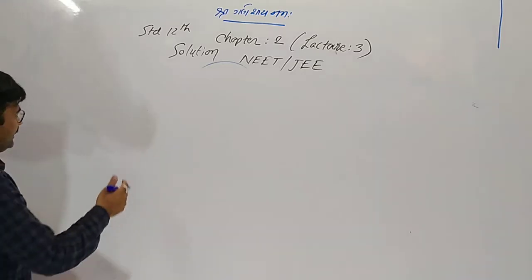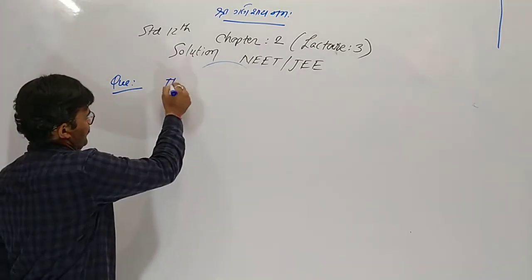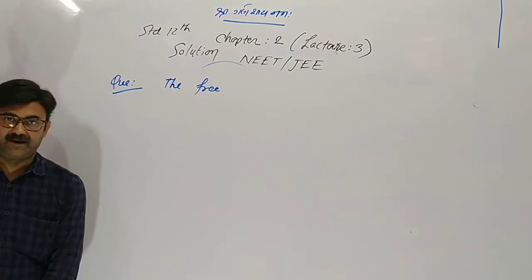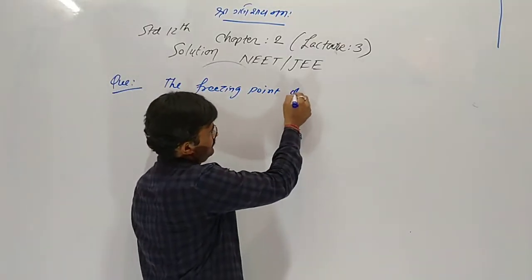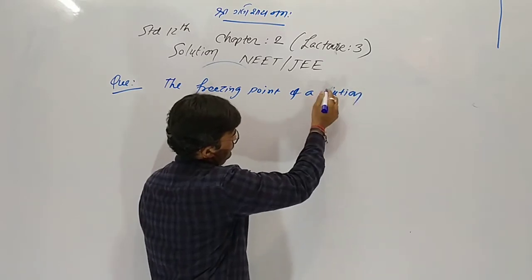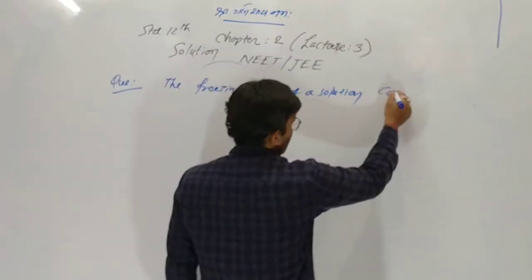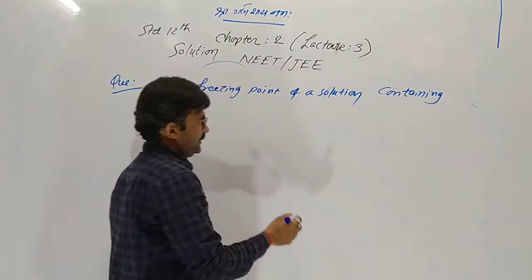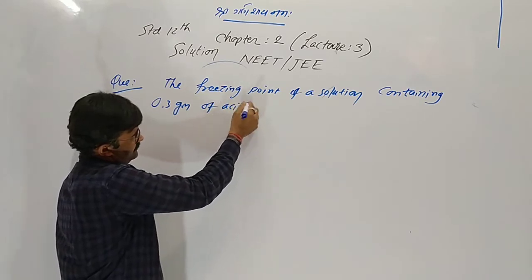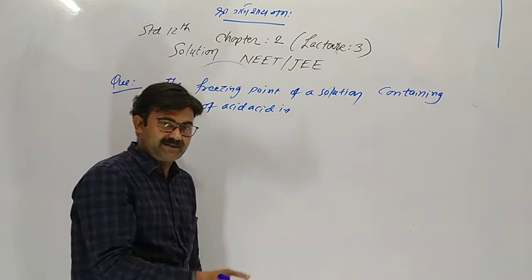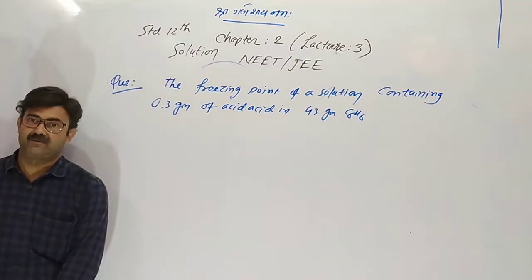The freezing point of a solution containing 0.3 gram of acetic acid in 43 gram of benzene, C6H6. So find out the van't Hoff factor.